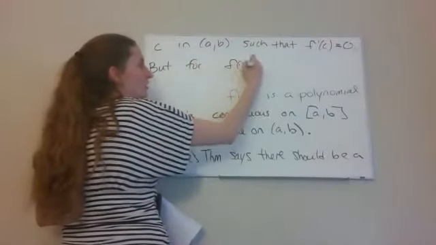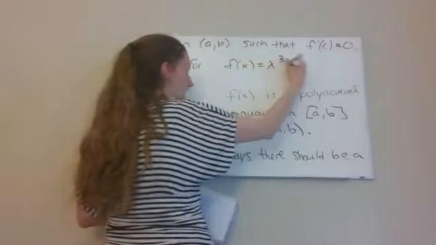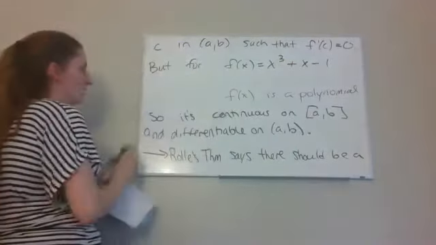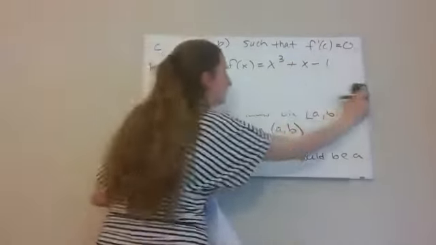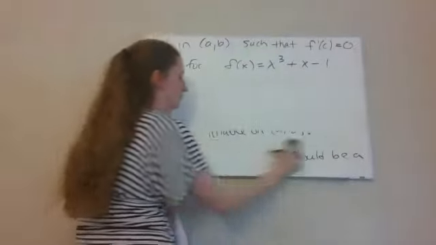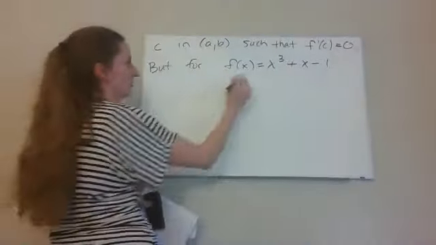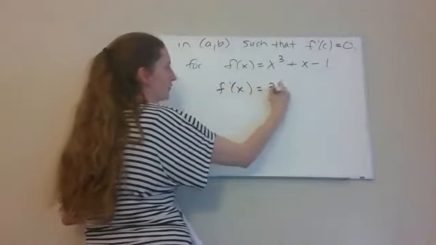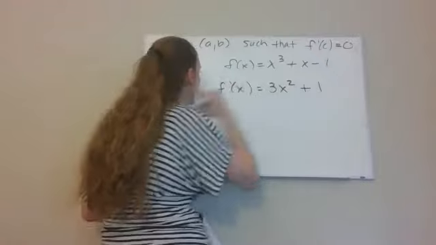But for our function, remember our function was x to the third plus x minus 1. What is the derivative equal to? Well, using the power rule, our derivative is 3x squared plus 1.